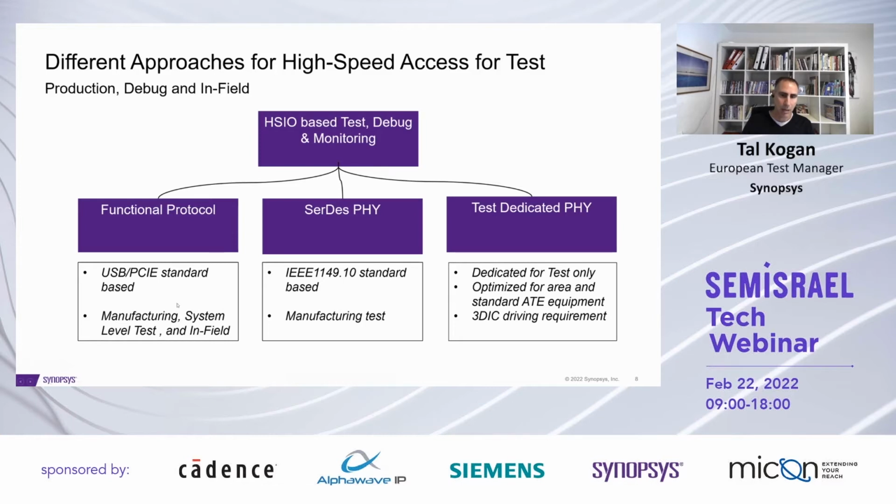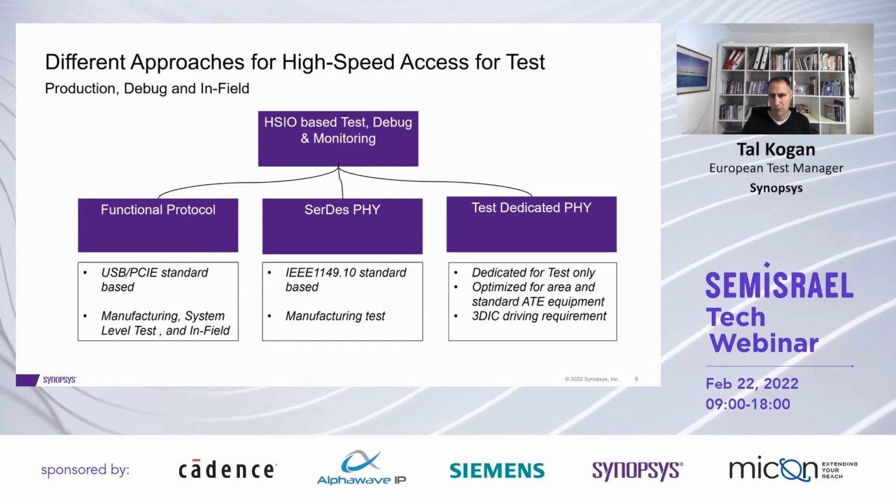Now, there are other solutions as well being discussed. An alternative would be to use the same functional PHY, the serial PHY that is there, in order to actually run the new IEEE 1149.10 standard, running on that PHY, and I'll show a diagram for that as well.